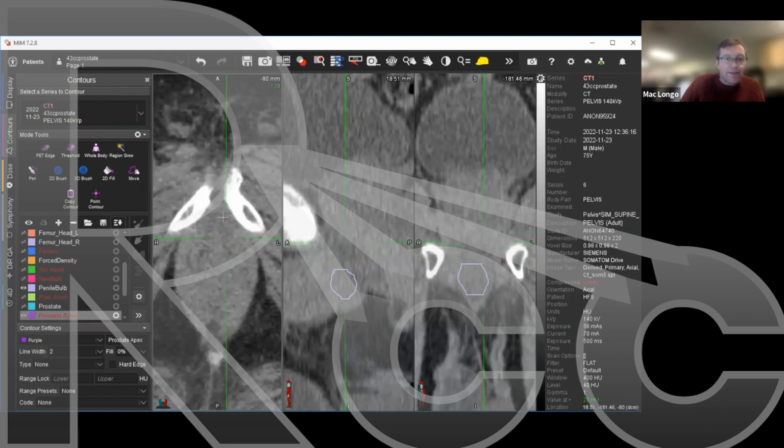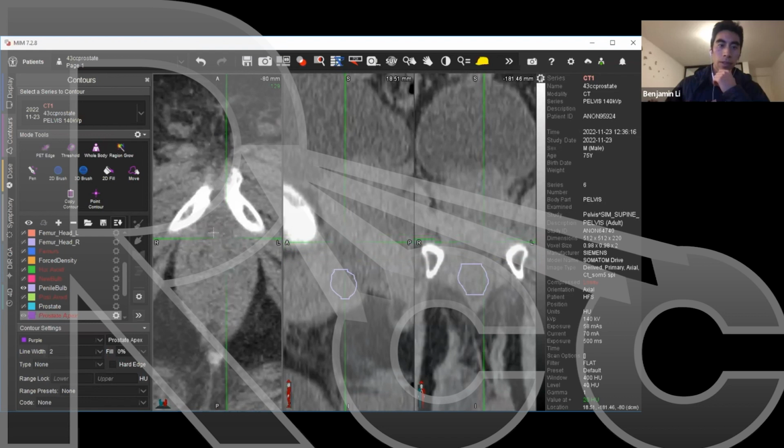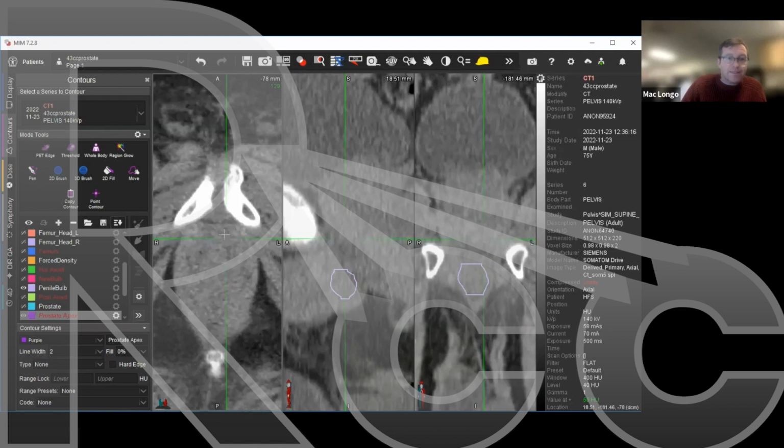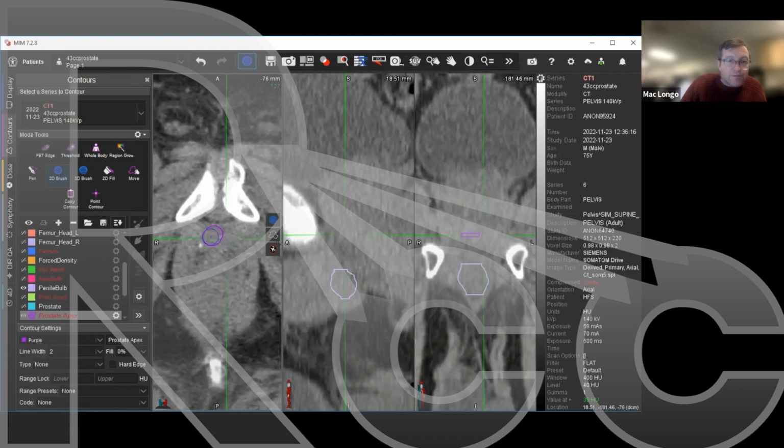And now the elusive figure that's hard to see, but I think we can actually see in this case, is the levator ani muscles come in and they form almost an hourglass shape. And that really delineates, and you almost have to squint to imagine it, but I think you can see that hourglass shape here, that delineates the most superior aspect of the GU diaphragm. So this is not prostate, but we are getting close to prostate. And I would say that right here is maybe our first slice, our apex of the prostate.